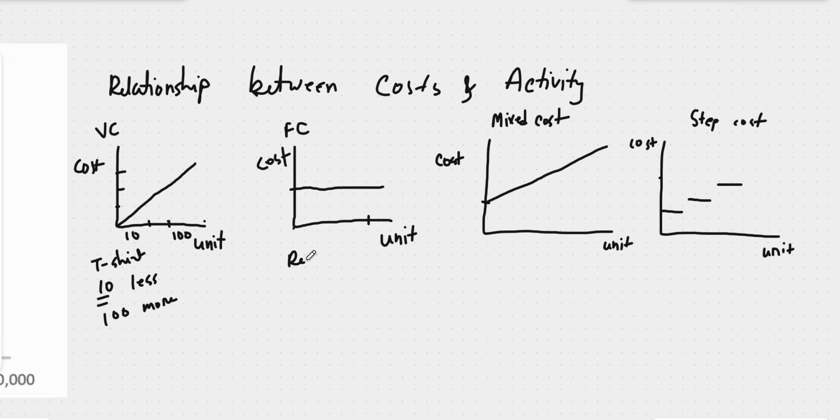It is the rent of the factory. What is mixed cost? Mixed cost is a type of fixed cost, and it is also a variable cost. For example, the electricity bill.